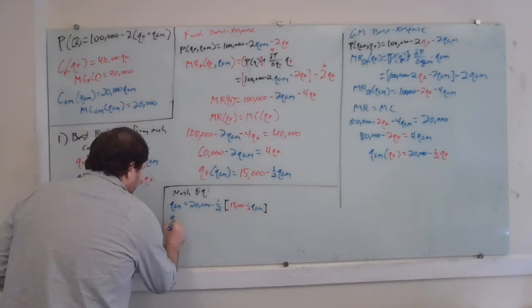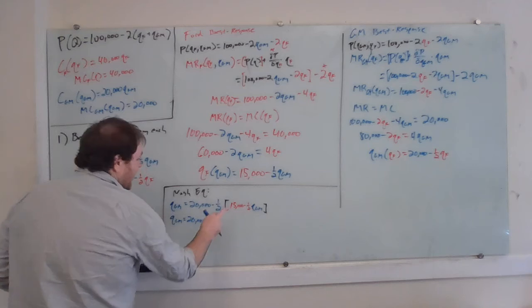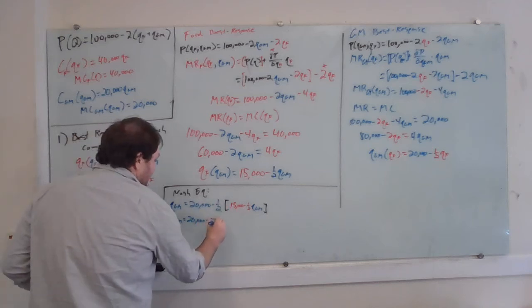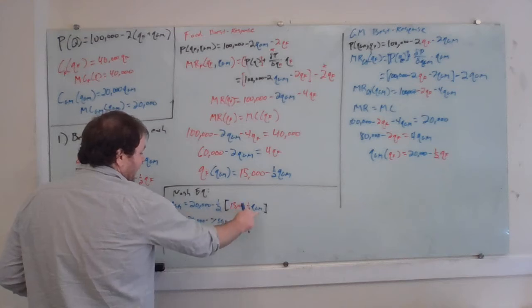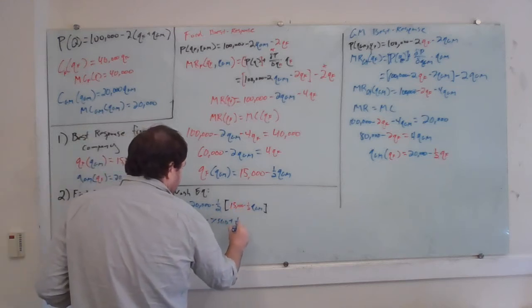Okay, so let's distribute first. QGM is going to be 20,000 minus 1/2 of 15,000, so that's 7,500, minus 1/2 times 1/2 QGM, that's plus 1/4 QGM.